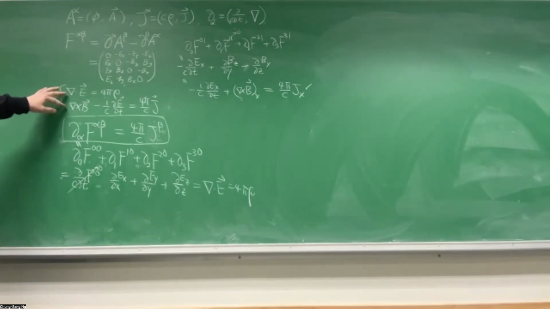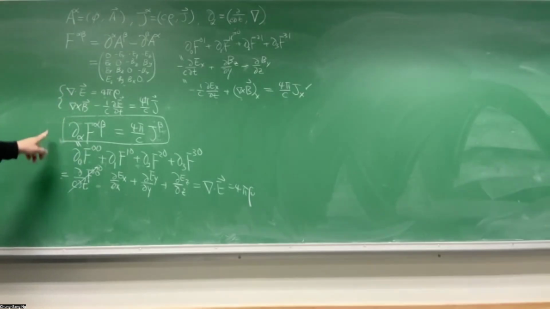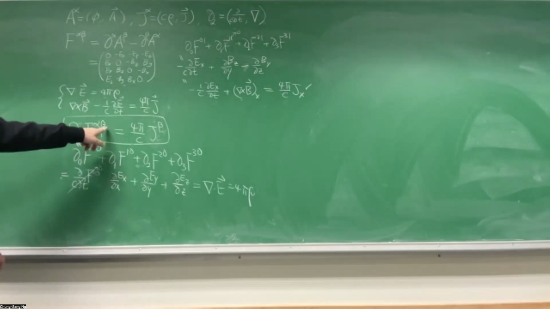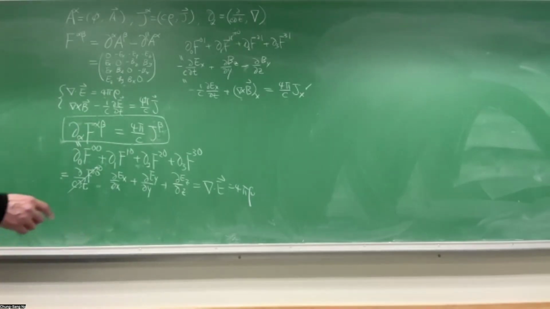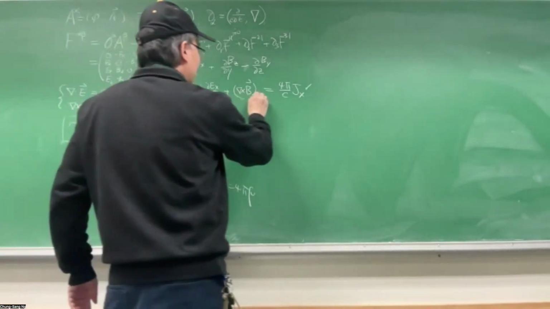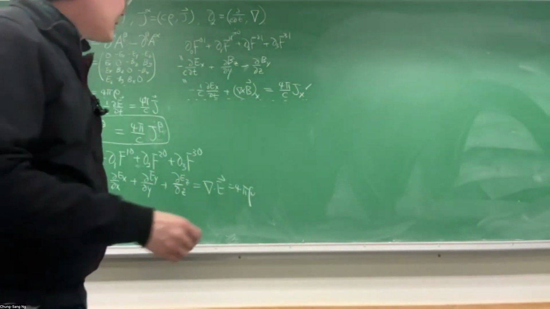Actually, this has 4 components, because this is what we call a scalar, just one quantity. This is a vector equation, so you have 3 components, so totally 4 components. You combine all that in one single equation, which is also 4 components because you contract alpha, so beta going from 0 to 3. So also 4 components, but at least more compact. Okay, so we got 2 of them done.